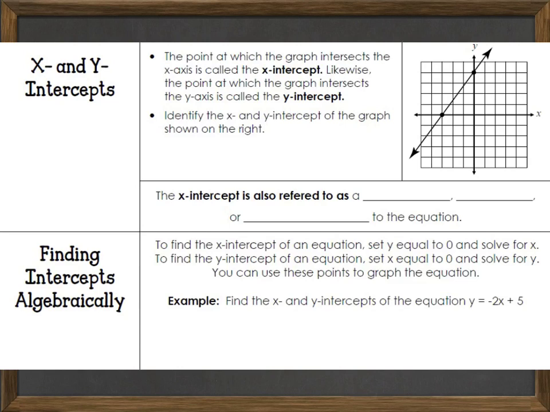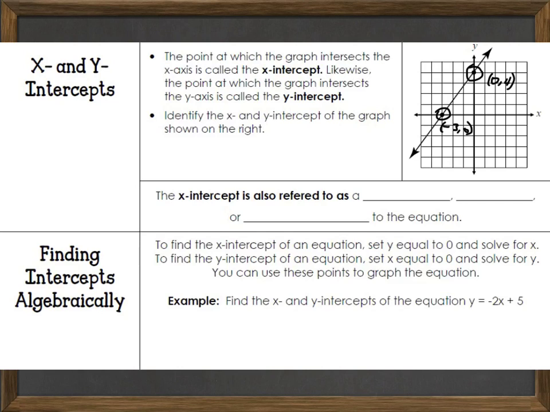Now in this particular graph that's here, this is your x-intercept, and that is -3, 0. And up here is where it crosses the y-axis, and that one is 0, 4. Okay?